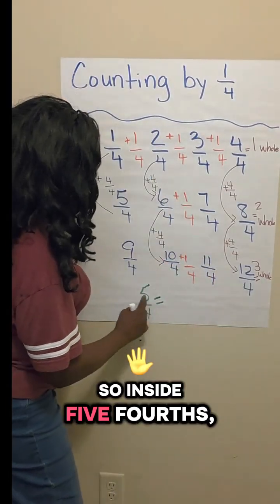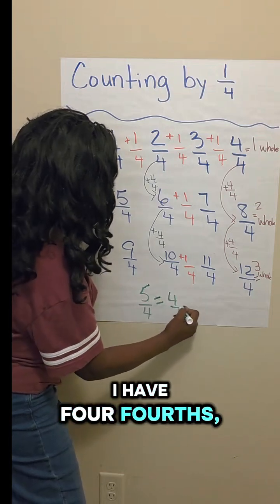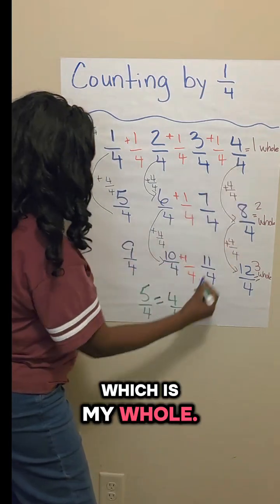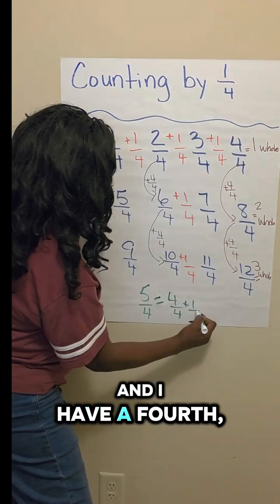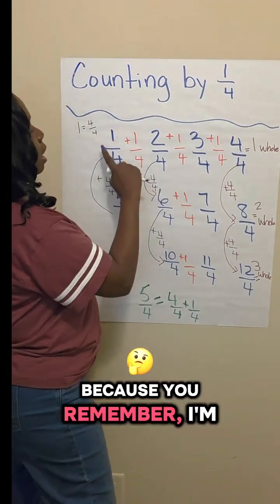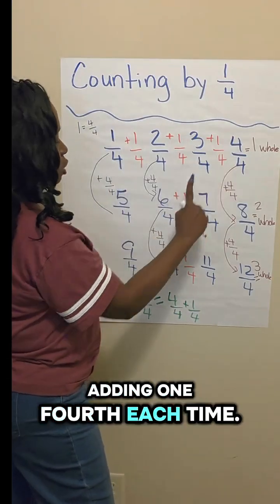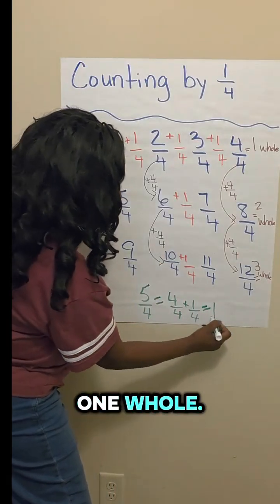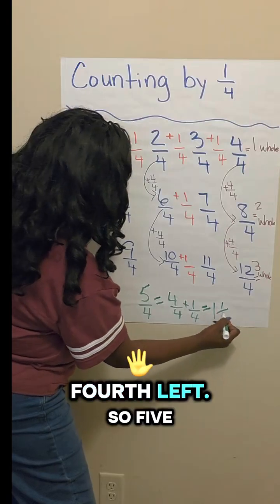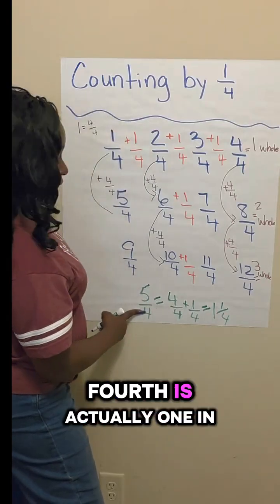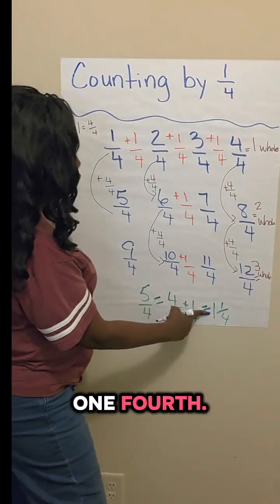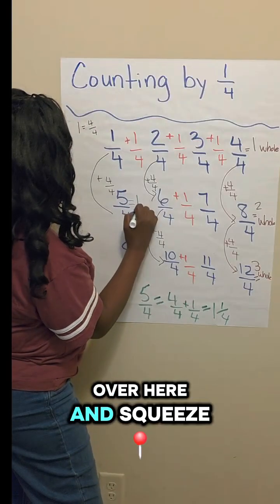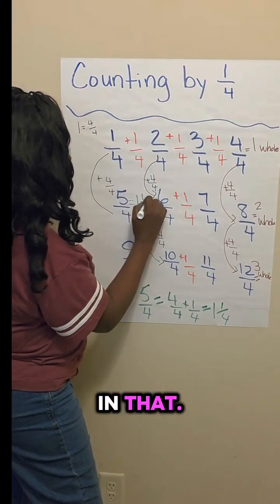So inside 5/4, I have 4/4, which is my whole, and I have a 4th, because you remember I'm adding 1/4 each time. 4/4 is equal to 1 whole, and I have a 4th left. So 5/4 is actually 1 and 1/4. So I will come over here and squeeze that in.